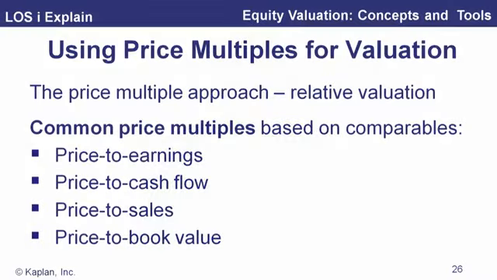Besides price to earnings, we could use price to cash flow ratios, price to sales ratios, or price to book value ratios. These are certainly the four most commonly used. And don't think you have to use just one of these. You can look at all these valuation metrics to see how an individual security is priced in the market relative to other similar securities, relative to a peer group, relative to its industry group, or relative to the overall market.